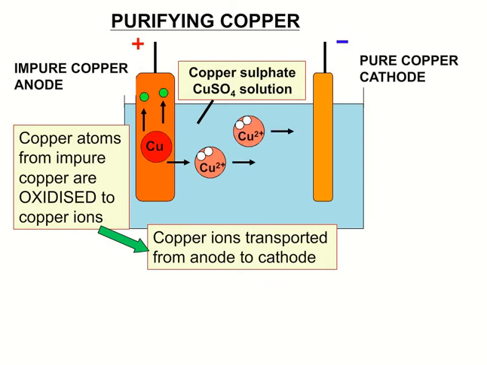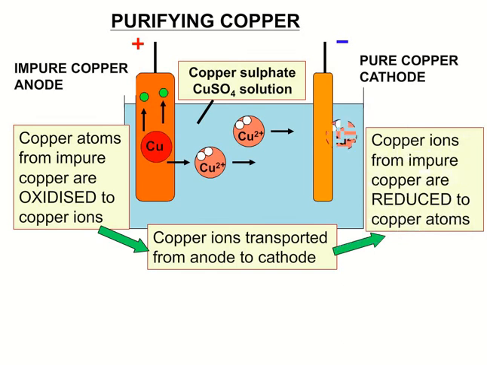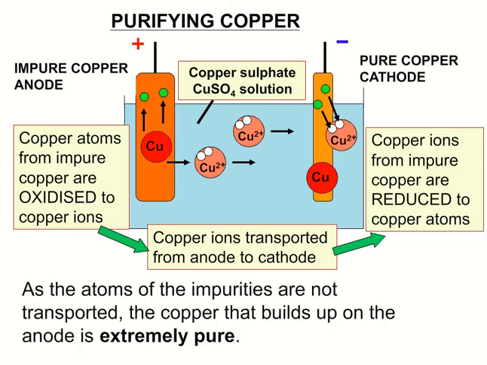Copper ions are transported from the anode to the cathode, where they are reduced to copper atoms. As the atoms of impurities are not transported, the copper that builds up on the cathode is extremely pure.